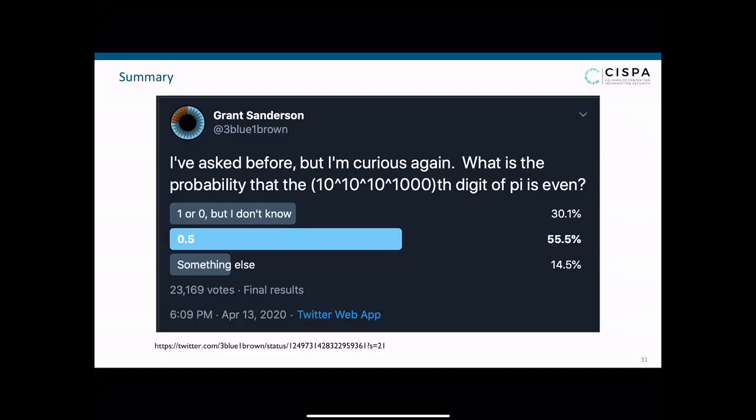So someone asked this on Twitter. Probably you know this YouTuber, Grant Sanderson, also called 3 Blue 1 Brown. He asked this question on Twitter. What is the probability that the 10 to the 10 to the 10 to the 1000th digit of pi is even?